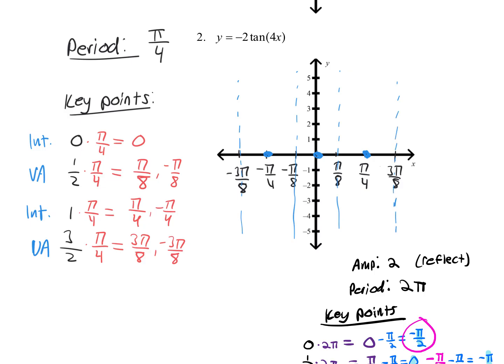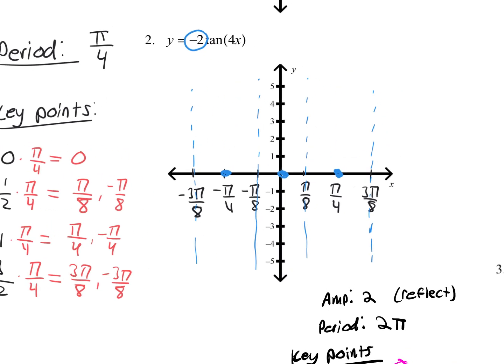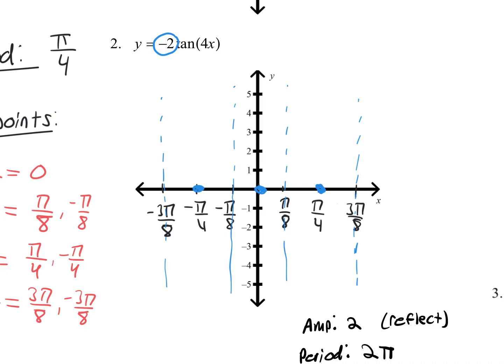For this particular graph, you don't need to graph the amplitude, the A value, but it does tell you what direction the curves are going in. So from the x-intercepts, where is it going to go up? Is it going to go up to the left or the right, since it's negative? To the left. Good, right? It's going to go up towards the left.